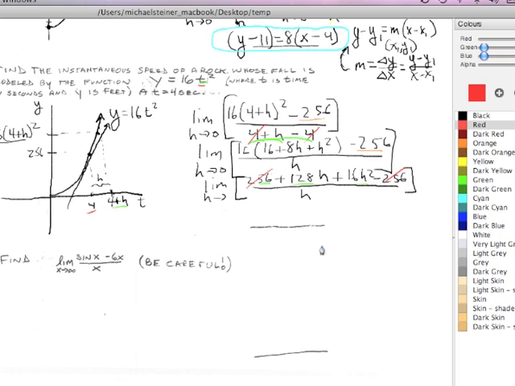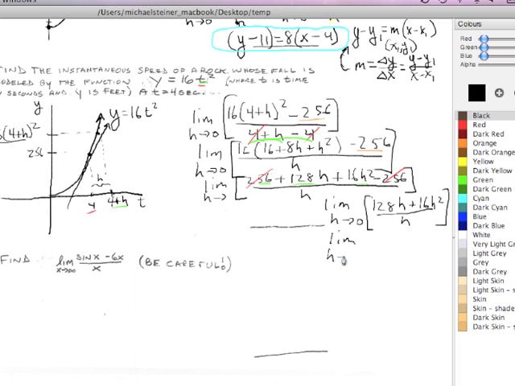Because we can cancel those two. And the next step is we have the limit as h goes to 0 of, okay, the 256 is canceled. We have 128h plus 16h squared, all over h. The top is just saying please factor out an h.